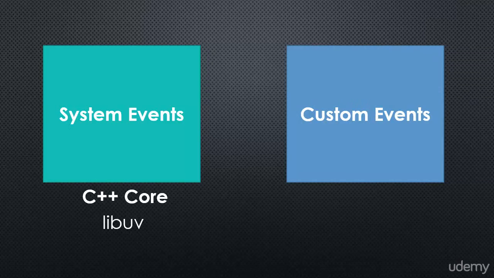On the other side, we have custom events in Node.js, which are completely different. They're inside the JavaScript core. It's a JavaScript library of events that deals with events that I can create for myself, where I can in my code say, hey, this happened, and have code that responds to something happening.